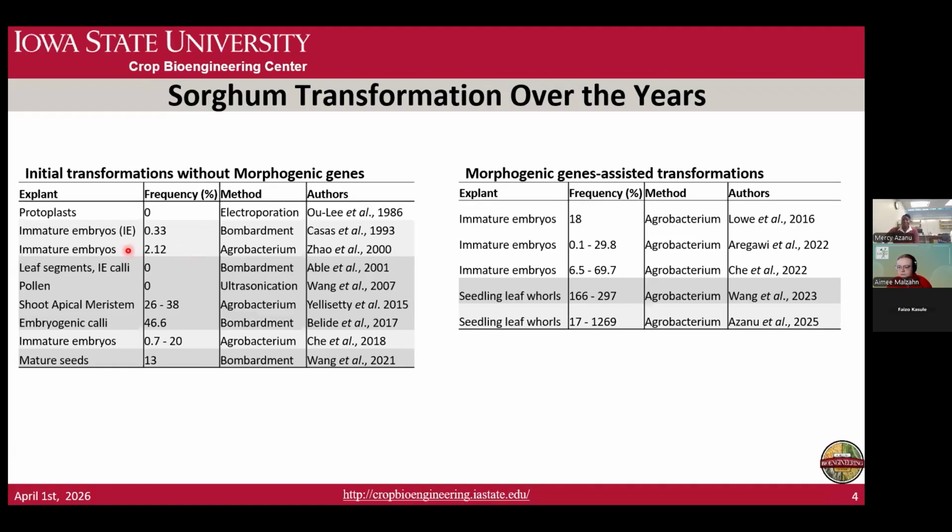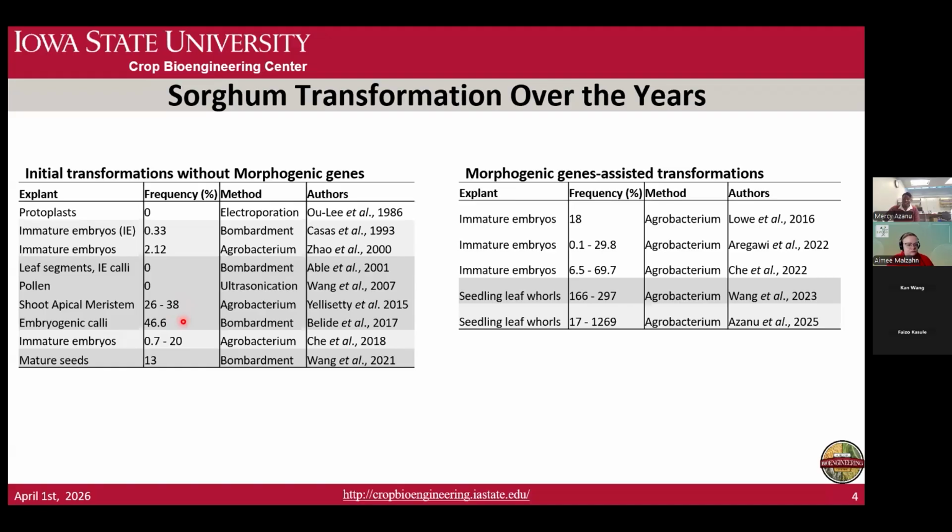From the early 2000s, for the past 2 decades, the explant that has mainly been used for transformation has been immature embryo. But within that time period, other explants have been tried, such as leaf segments, immature embryo calli, pollen, shoot apical meristem, and embryogenic calli, which have seen various transformation frequencies.